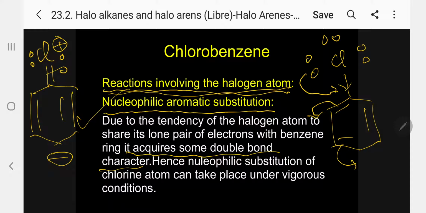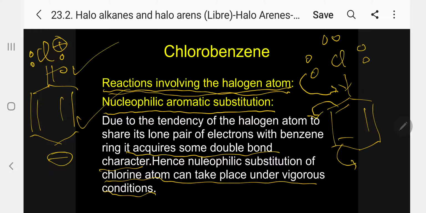So now we can see a double bond character. Due to the tendency of the halogen atom to share its lone pair of electrons with the benzene ring, it acquires double bond character. Hence, nucleophilic substitution of the chlorine atom can take place under vigorous conditions. That's why it will take place only under vigorous conditions.